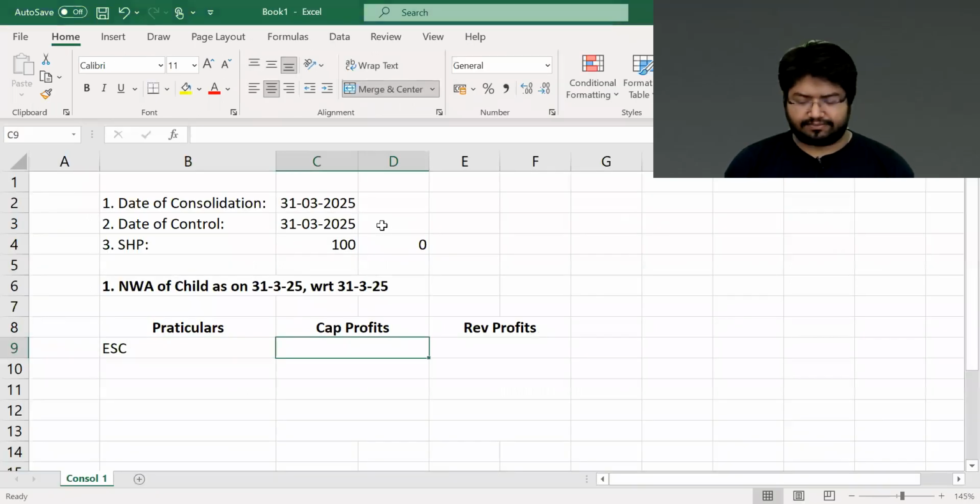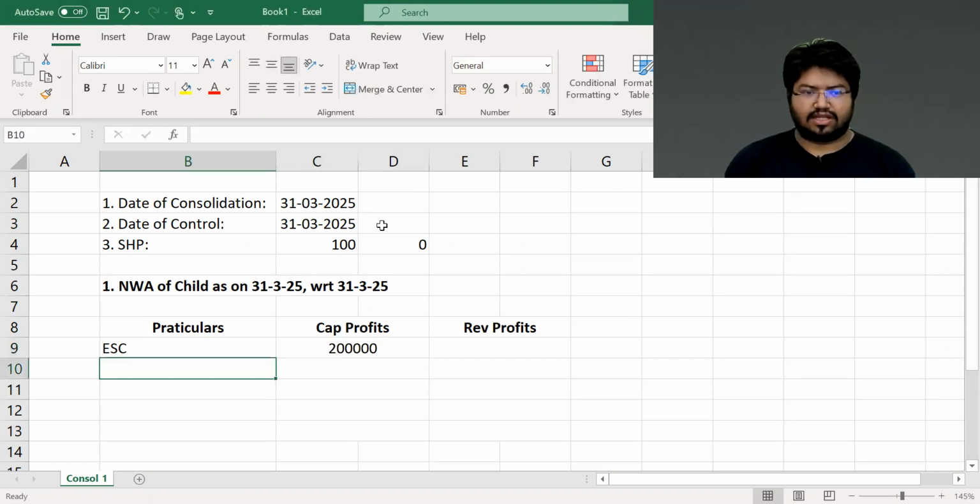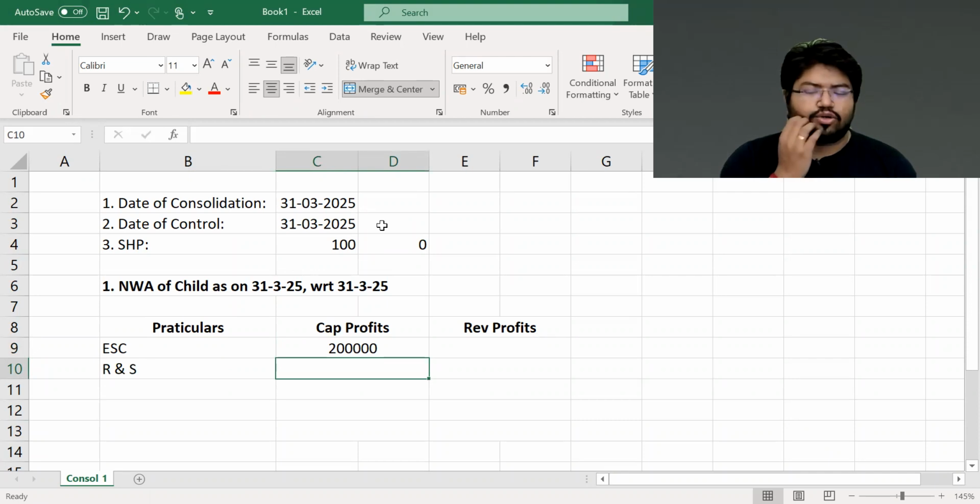Equity share capital on the capital side comes to 2 lakhs. And then reserves and surplus, you need to take based on the date of control. Today, the balance of reserves and surplus is 60,000.